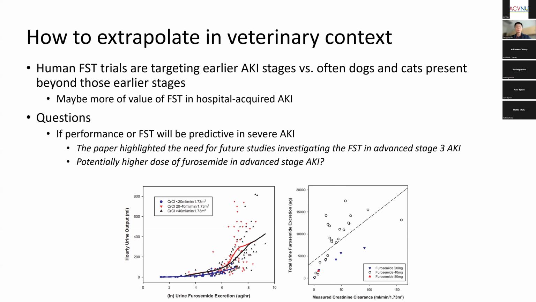This is a nice figure from this paper, where the blue group, which has the worst estimated GFR, basically has a really dampened response to furosemide compared to the patients that have better GFRs.